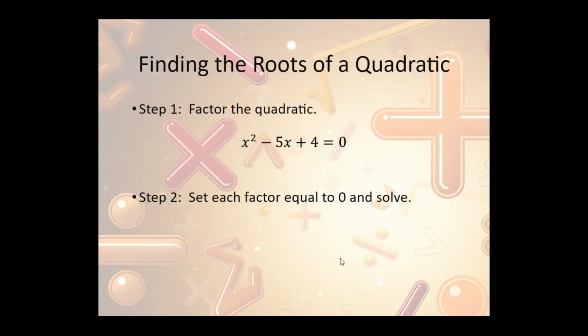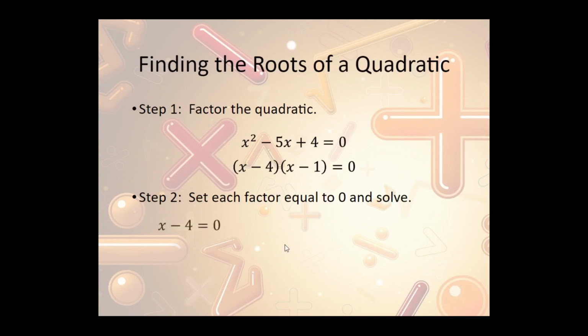So how do we find the roots of a quadratic? Well, the first step is factor the quadratic. So factor it any way you can, and then solve for the roots. So when we have x squared minus 5x plus 4, we would use our magic x, and once we do that, we should see that x minus 4 times x minus 1 is equal to 0. So we factor this out.